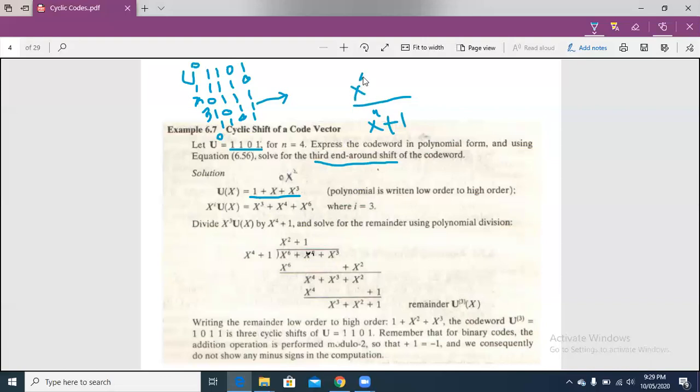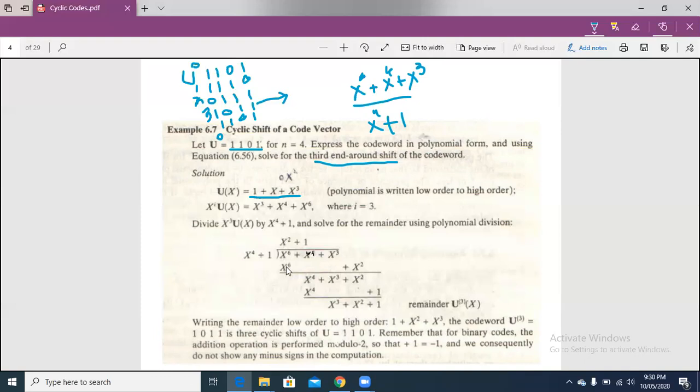So here x6 plus x4 plus x3. When we divide this, we don't use the positive and negative sign because that is modulo addition.